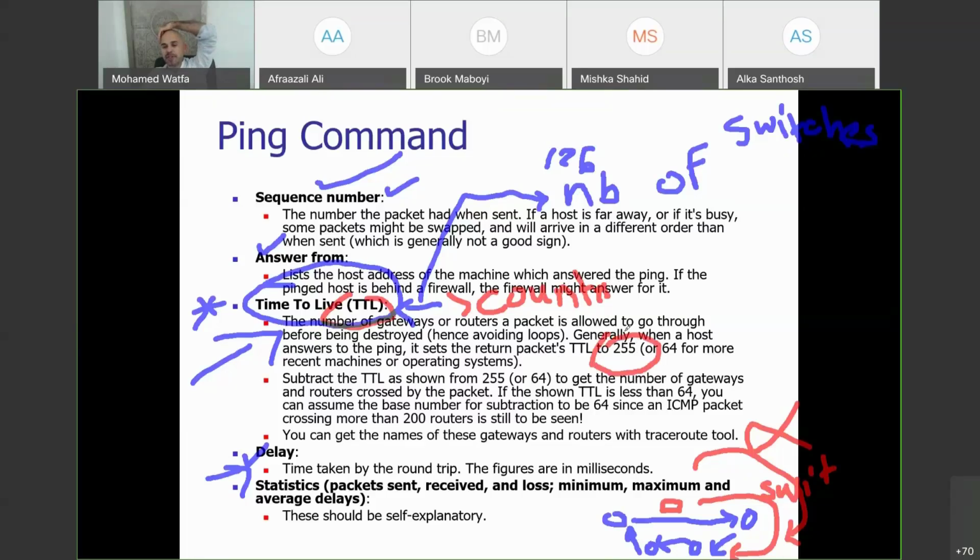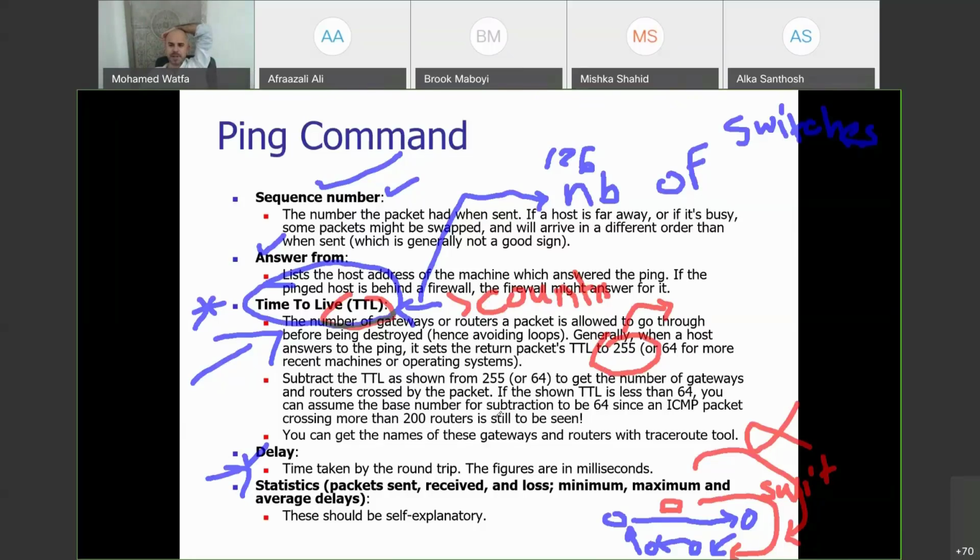What does it mean? 255 meaning 255 gateways and routers away from each other. If the packet goes more than 255, because I'm decrementing it, it gets killed. The system will kill it, will ignore it. This is again to avoid packets that are going for infinity.